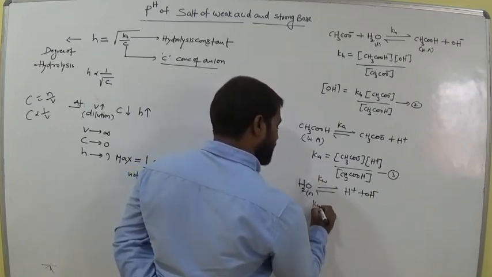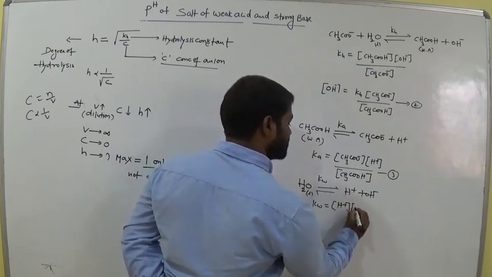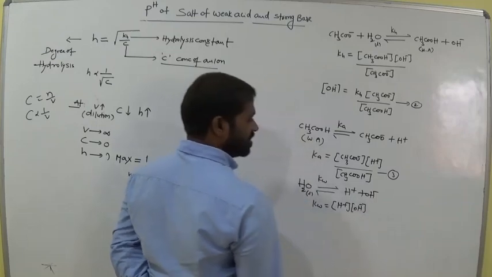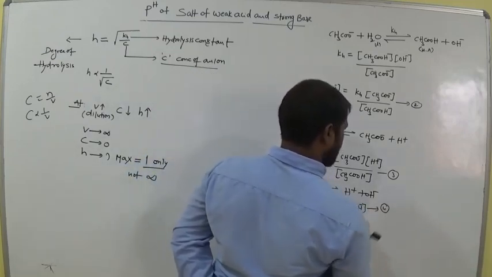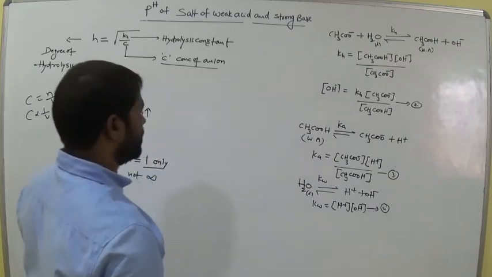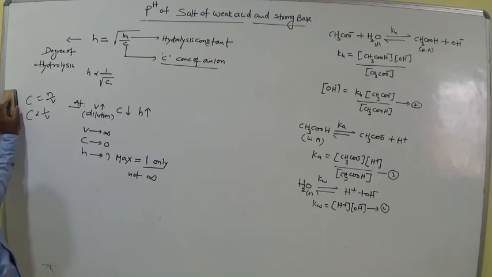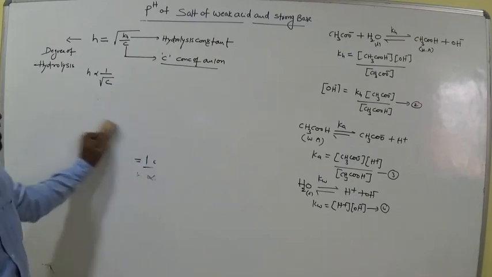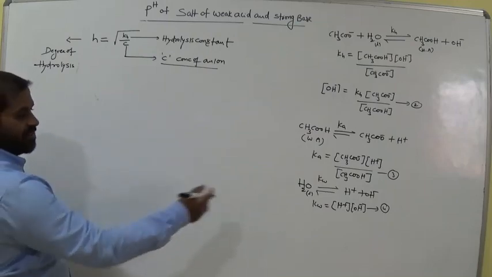So now Kw equals the ionic product of water, which we already discussed: H plus into OH minus, am I right? Clear, all of you? Now this is equation number 4. Equation number 4, clear?